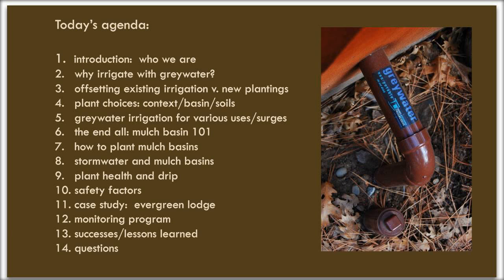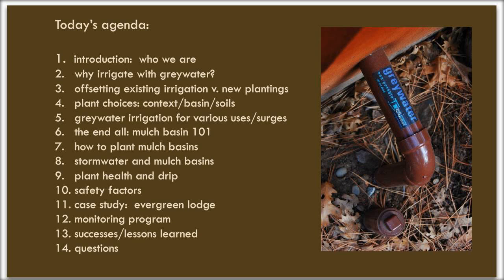So today, just to go over what we're going to talk about, is mainly why we're going to irrigate with graywater and with what types of plants and in what context. We're going to talk a little bit about whether to water existing plants versus new plants, and go over different types of uses and surges to those plants.